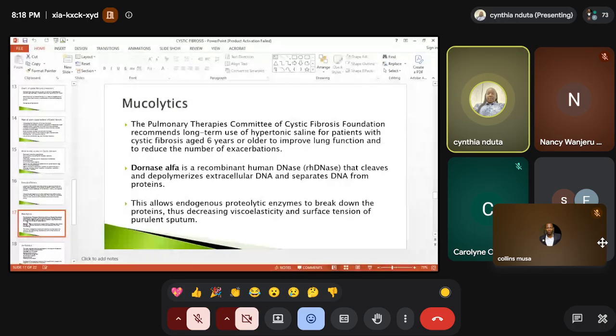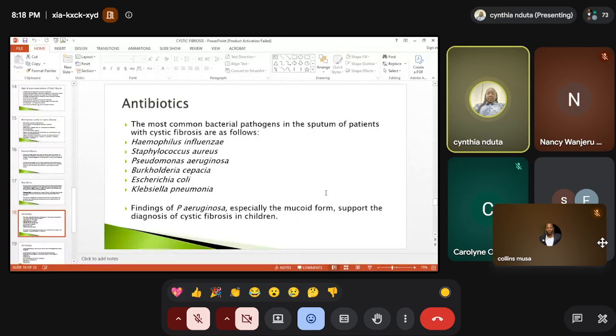So when you break down these mucus particles, now the enzymes can work on them. So what are you trying to do? You're trying to reduce the viscosity. You're trying to break down so that the enzymes can interface with them.